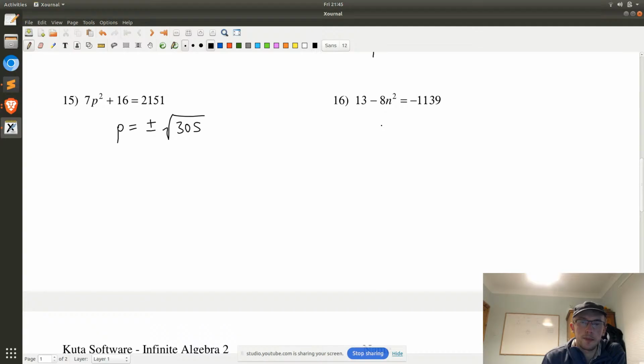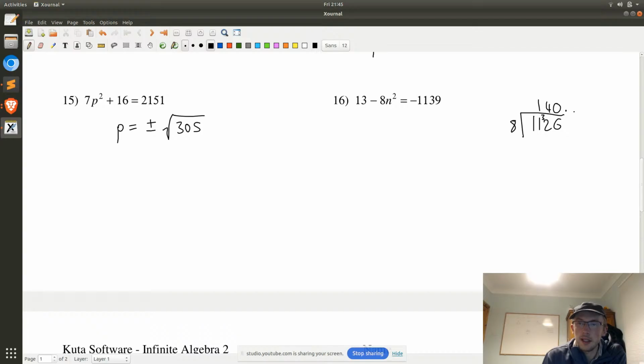Now, negative 8n squared. If I add 13 onto this, I get minus 1126. 1126. You want to divide that by 8. Okay. 1 there, 3 there, 4 there. 8 into... It's just this. Okay. Well, that'd be nothing. And then we have 6 left over.